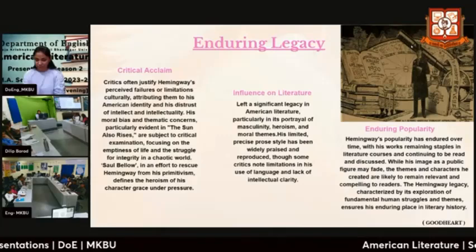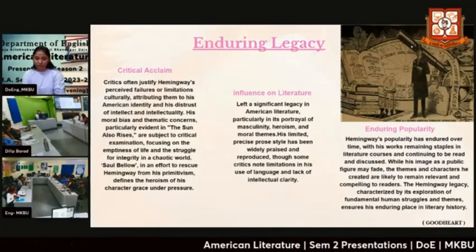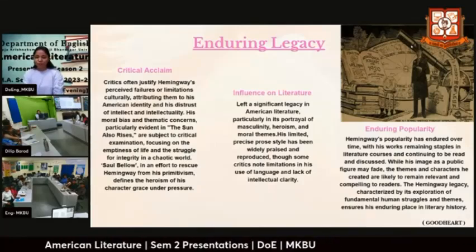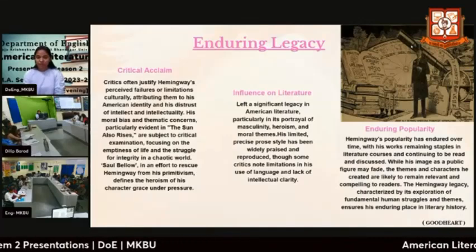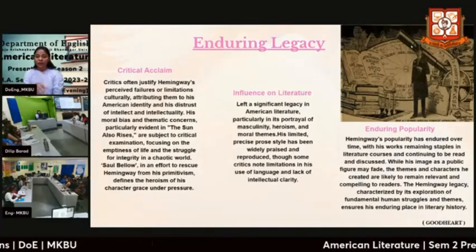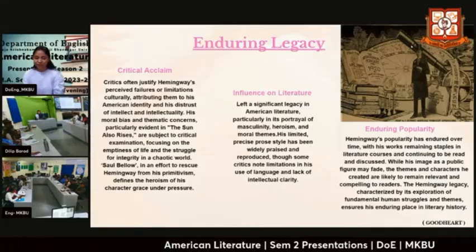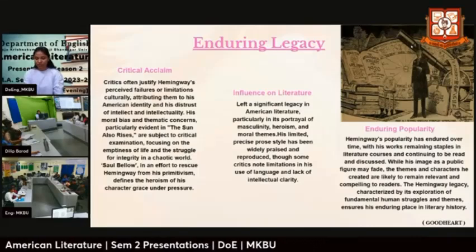Influence on literature: he left a significant legacy in American literature, particularly in its portrayal of masculinity, heroism, and moral themes. His limited, precise prose style has been widely praised and reproduced, though some critics note limitations in his use of language and a lack of intellectual clarity.